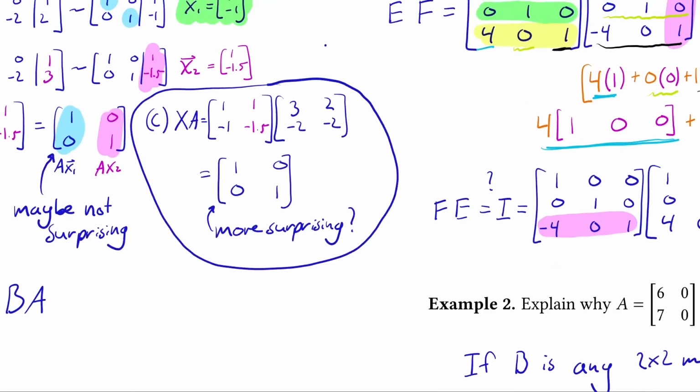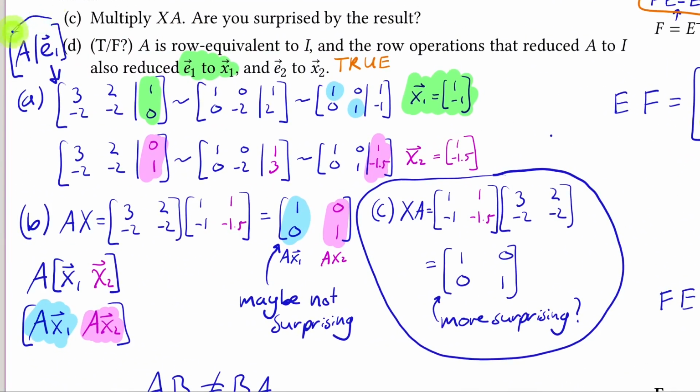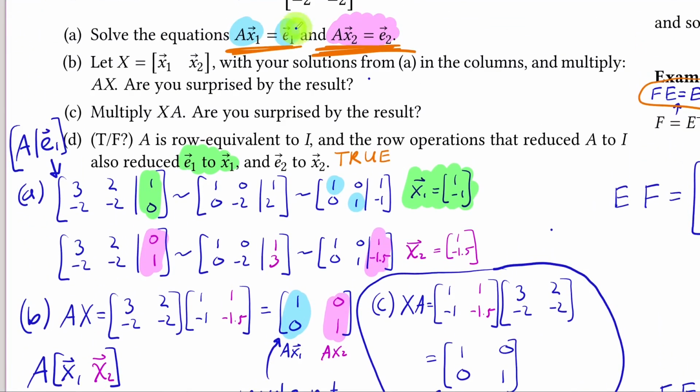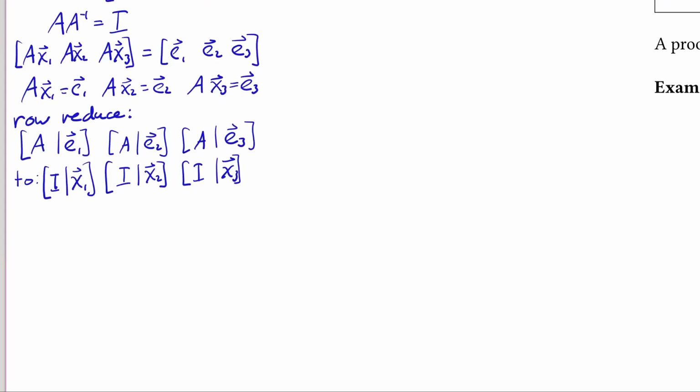Because, again, like we saw here, when we row reduced this augmented matrix, you end up getting the identity matrix here, which tells you basically x1 equals something and x2 equals something, and that gives you your solution to the equation A x1 equals e1. So same idea here.